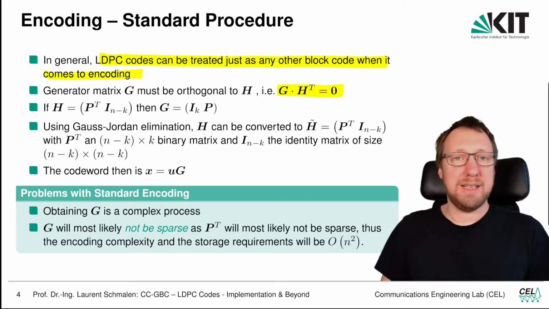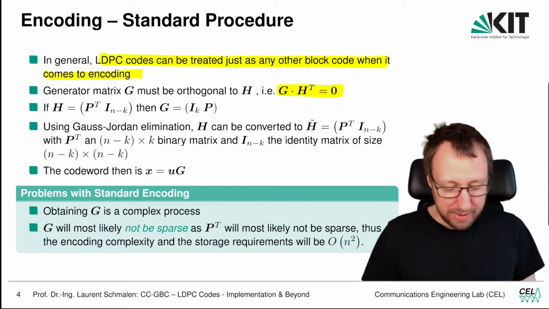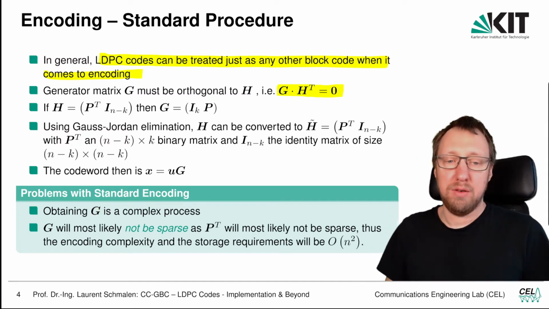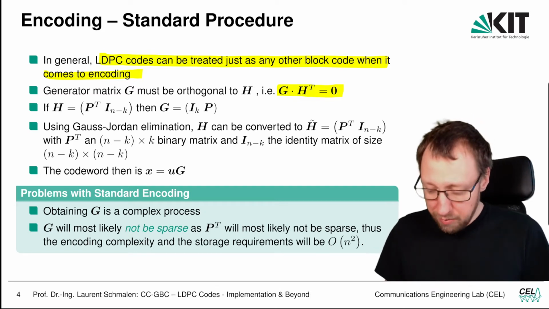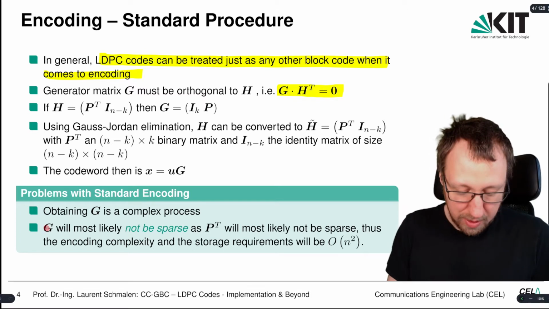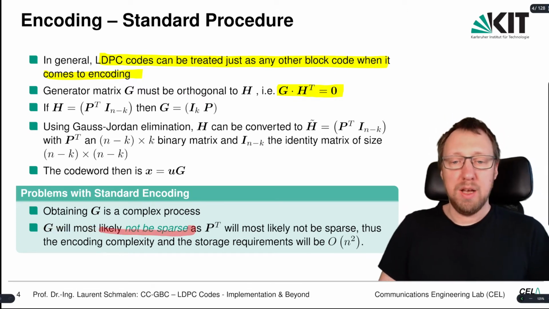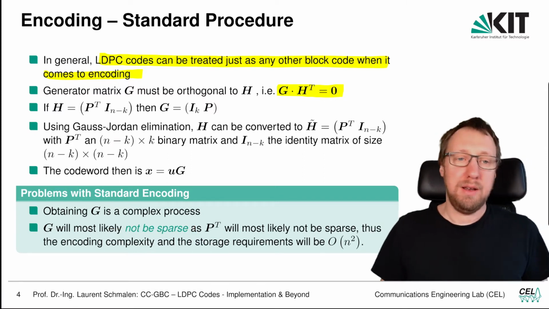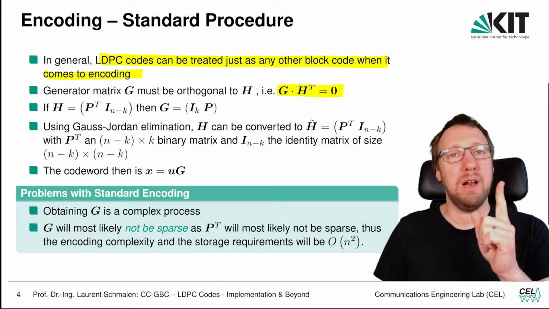However, that's usually not feasible. The issue here is that obtaining the generator matrix G is in general a rather complex process. The generator matrix G will most likely not be sparse, because we need to do Gauss-Jordan elimination, which means, especially if we have a regular code, we don't have columns with a single one.